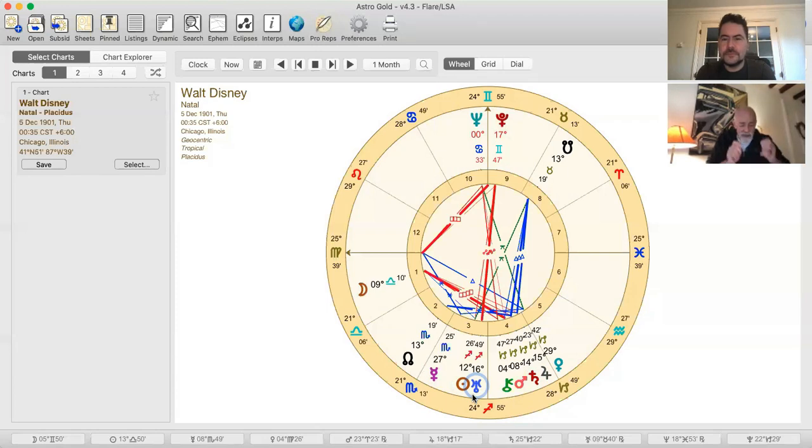So some of the things that were going on for Snow White and the Seven Dwarfs, and this was released on December 21st, 1937, the conjunction of Jupiter and Saturn.